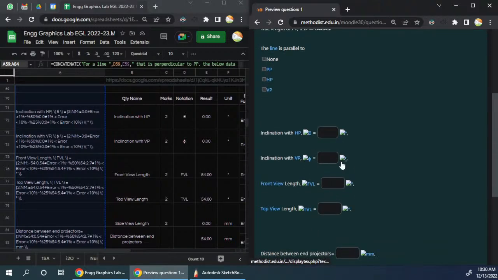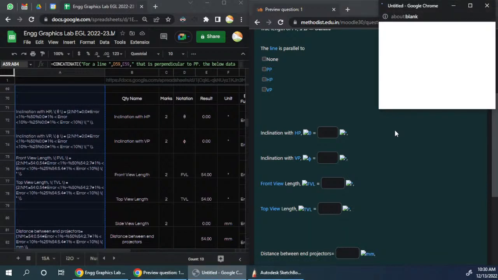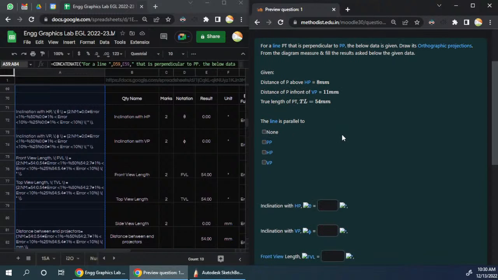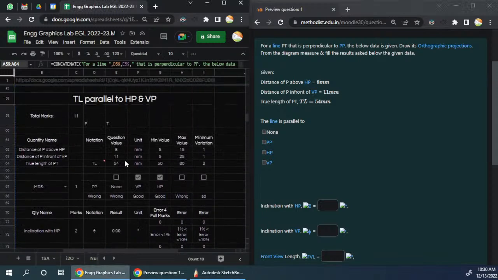So here there is some problem. This is probably because of the model, but anyway, we are able to feed these values directly over here, so I don't think there's going to be any problem. This particular question, I think we have not set it up properly, so let's check that. What's the question right here?